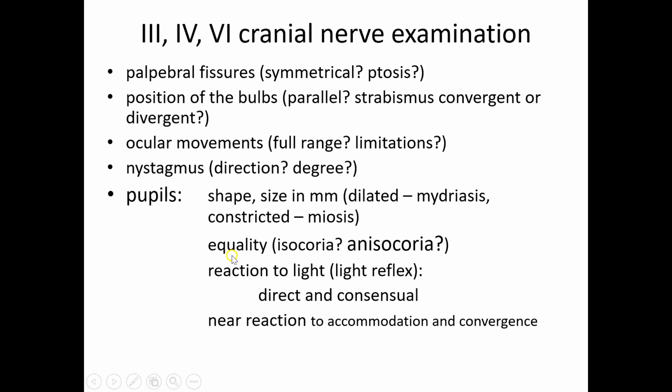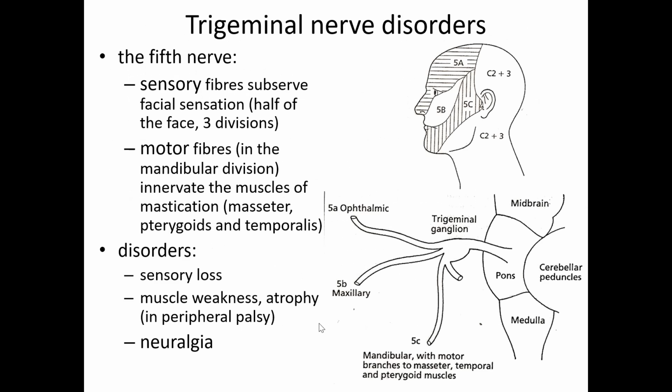You must check for equality of pupils in both eyes, isochoria and anisochoria. You must check direct light reflex and indirect light reflex, and near reaction to accommodation and convergence. These are all things that are tested in patients with third nerve involvement.